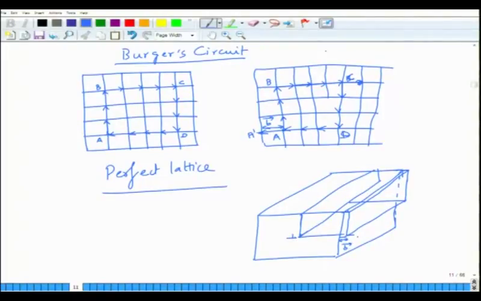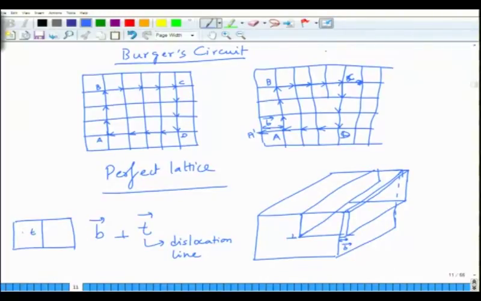This is a positive edge dislocation. So B is perpendicular to T, the dislocation line. In the top view, this is the dislocation line T, and this is the Burgers vector B.